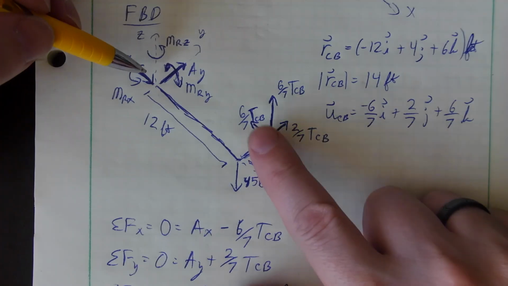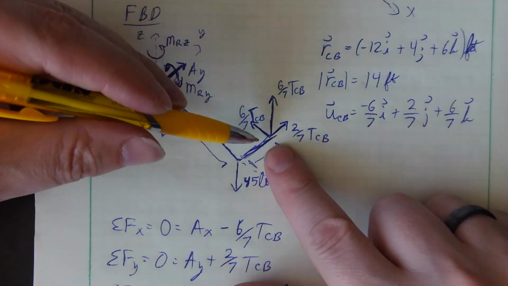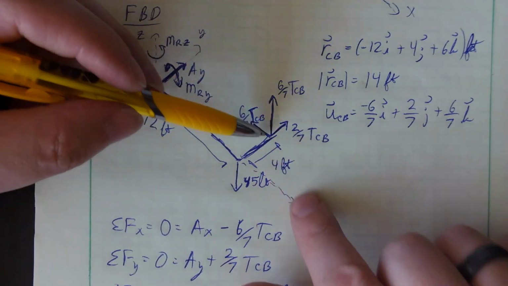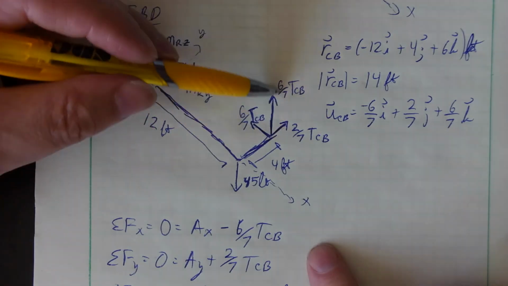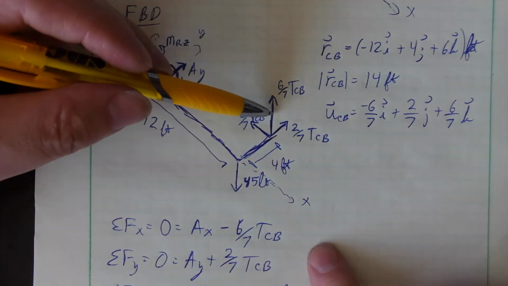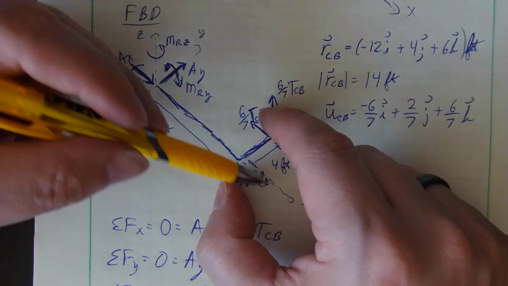And this is in the x direction, so there's no moment caused by any x direction forces. The only thing not passing through the x-axis and not in the x direction is this guy right here. This guy is trying to twist this thing about this x-axis here.